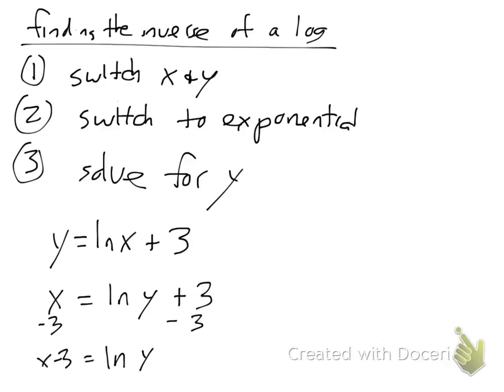Okay. Now we need to get rid of the log. And to get rid of the log, you switch it to exponential form. Now, I just said that this is really a little e there, right? So natural log can be log base e. When I use this side over here with the x minus 3, it goes all together now.